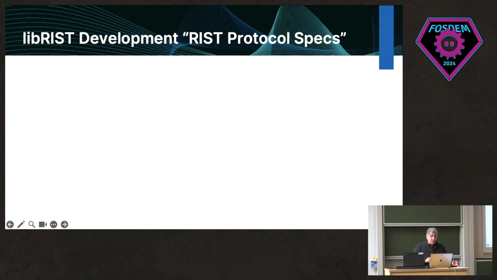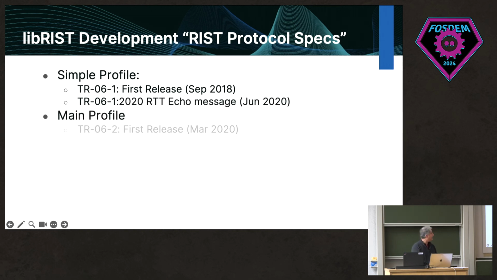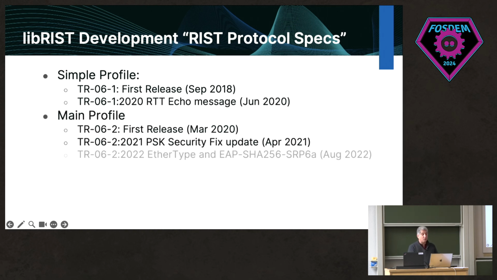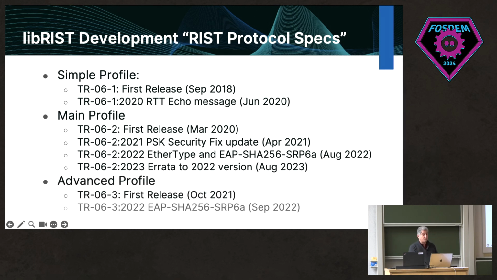Right? So as you can see on this slide, the RIST activity group has been quite busy adding features to the protocol to accommodate all possible use cases during the last 4 years.